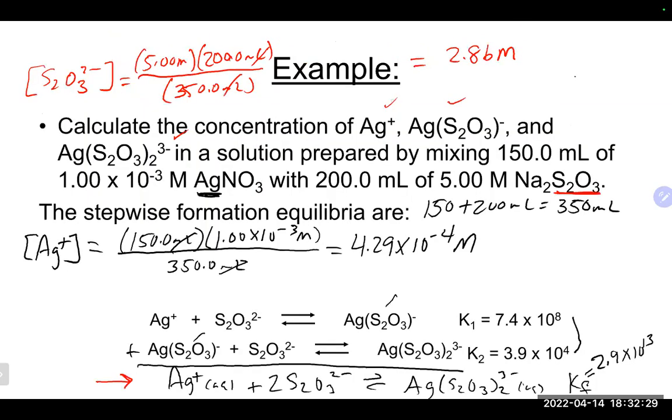So the couple of other things that we are looking to solve for are the silver concentration, and we're also looking for this intermediate along the way as well. There are a couple of ways you could go about getting there, so I'm going to show you both ways. We'll start with what they gave us in the problem.